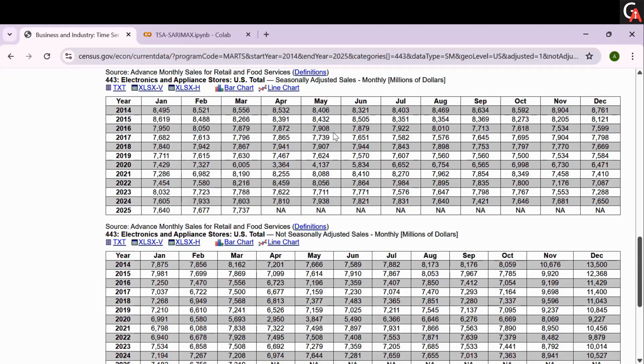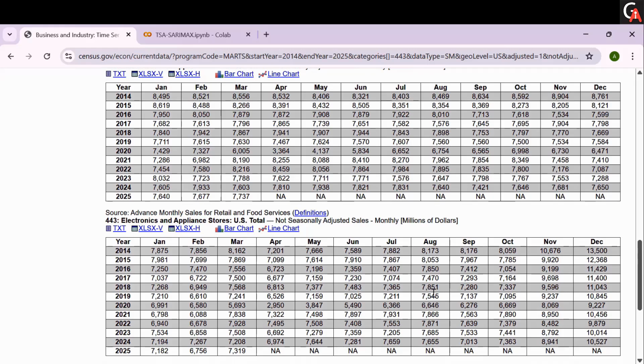So what is the difference between the seasonally adjusted data and the not seasonally adjusted data? Seasonally adjusted means some adjustments are made to this data, so these are not the actual ones. Whereas in the not seasonally adjusted data, no adjustment is taken, so these are the actual sales.